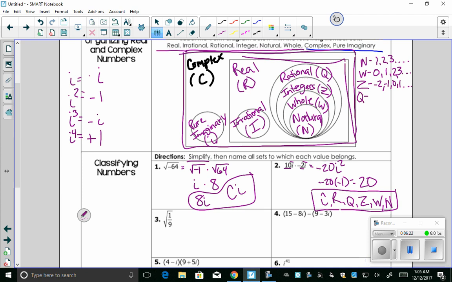Rational is all of the above, so it's a natural number, a whole number, an integer, including fractions and ending decimals.